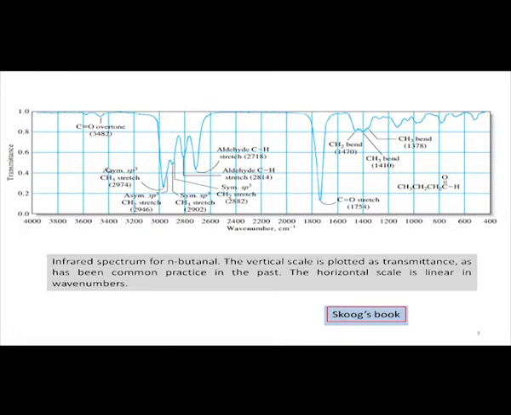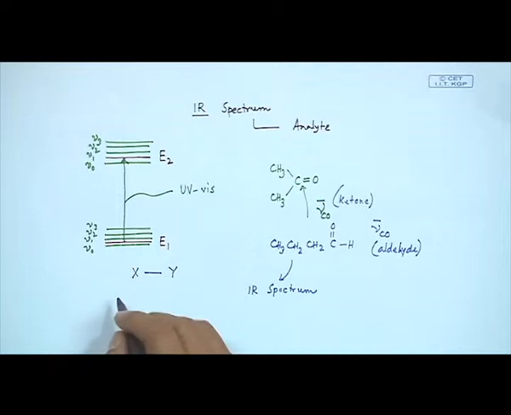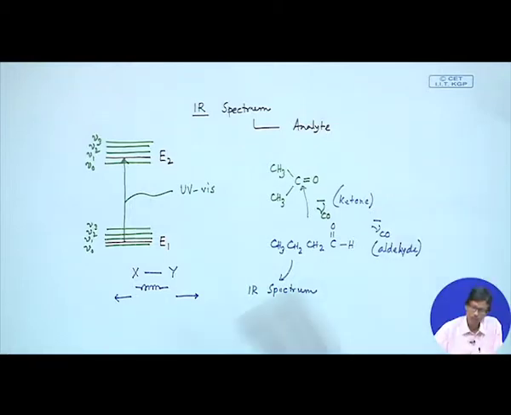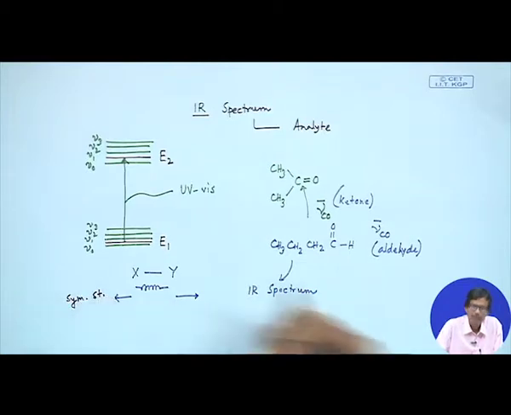That means, just now what we have seen in case of the corresponding connectivity for x and y, if we consider that this is like a spring like arrangement, and we stretch these two atoms through that bond in two opposite directions, we get a symmetric stretching.